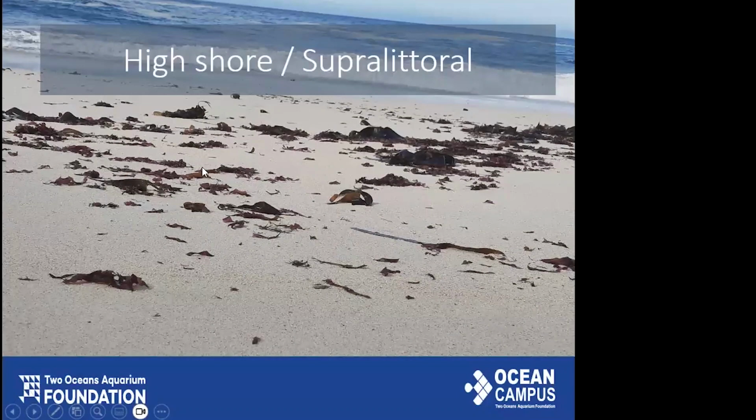So what are the stresses or the challenges for animals in your high shore, your supralittoral zone? Looking at these images, other than the seaweed that washes up on the beach, it is rather dry. So the animals found here are going to have to deal with not that much food availability to begin with, and also being out of the water for quite a bit of time.